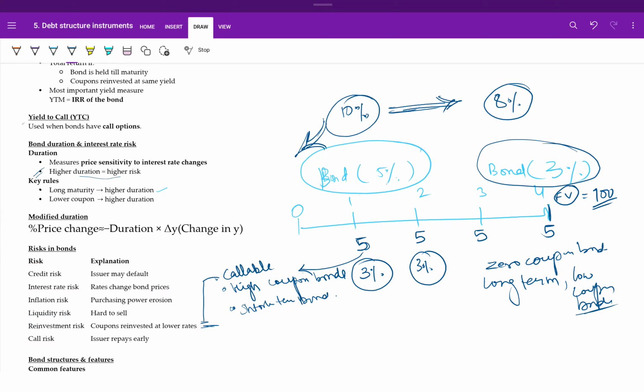Even though the risk is high, there is going to be a lesser reinvestment risk for long term and lower coupon bonds. Zero coupon bonds are those bonds where there are no coupon payments throughout the tenure of the bond.